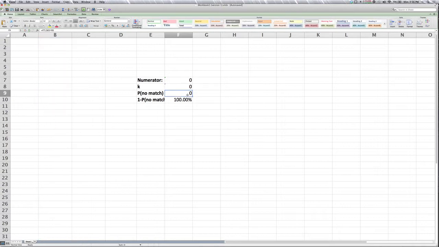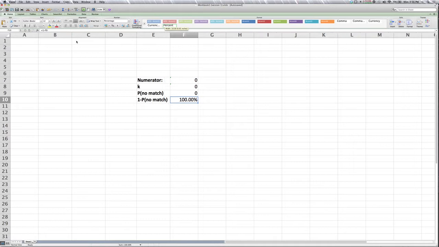The consequent probability of no match is just going to be the numerator divided by 365 to the power of how many people are in the room. And 1 minus that is obviously just 1 minus the other. So that should be pretty straightforward. So let's start and try to figure out what our answer would be.